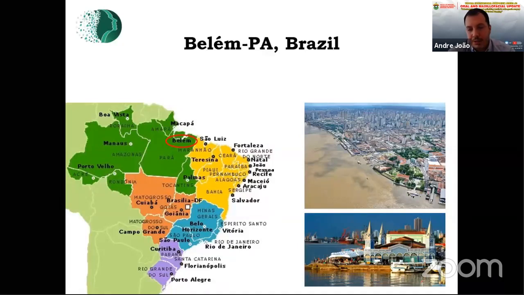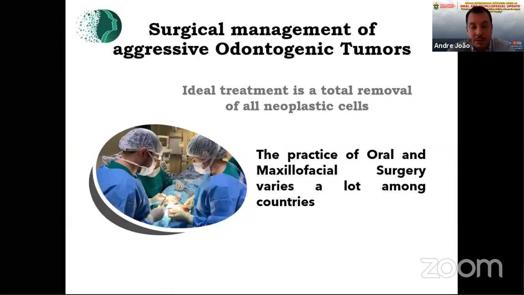So it's going to create some challenges for us surgeons when treating these patients, because we don't have access to some types of technologies, also some professionals that could help us to do, for instance, a specific procedure or a specific surgery to reconstruct this patient.